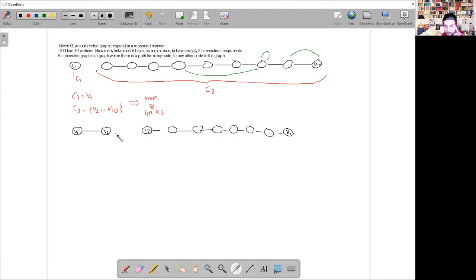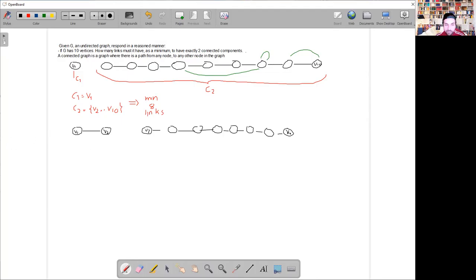So the end result is the same, right? At the end, we have 8 links. And we could make any change here. We could pass B3 and we would be removing one link here and adding that link on the other side. So at the end, we will always have the same number of links as minimum.